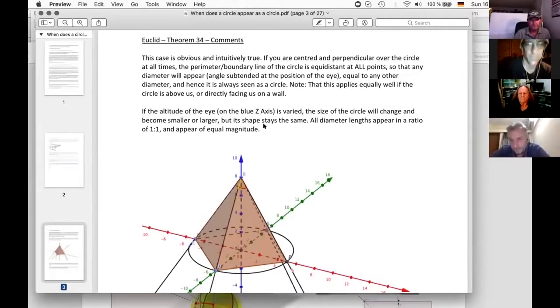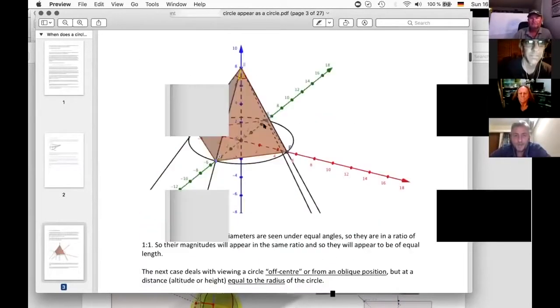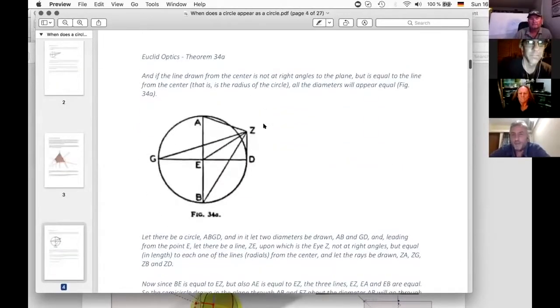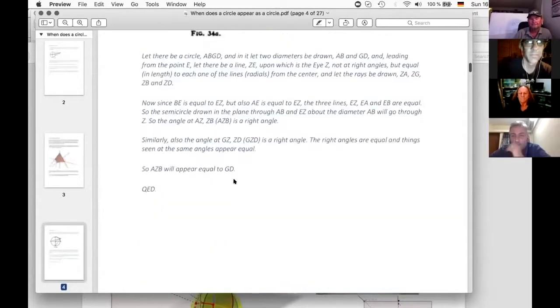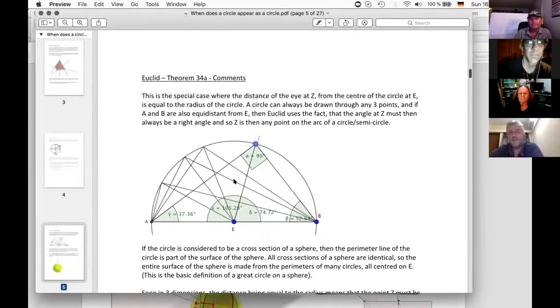Agreed? Agreed. Yep. But there's also another case where everything will look like a circle to me. Again, this is the Euclidean original proof, and I modeled it in GeoGebra again. It's the special case where the distance you are away, from E to B, is the same as the radius of the circle. In the first one, it didn't matter how far I went away from the circle, it would always appear as a circle, just smaller or bigger.